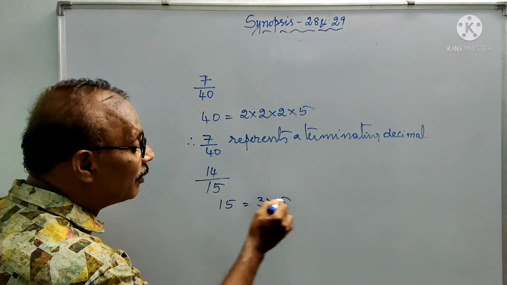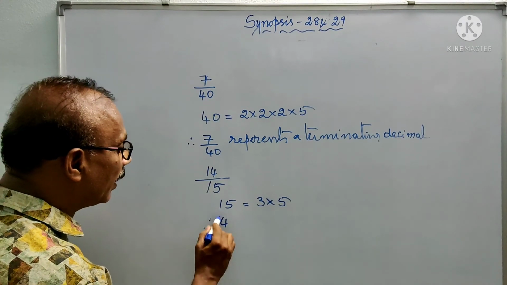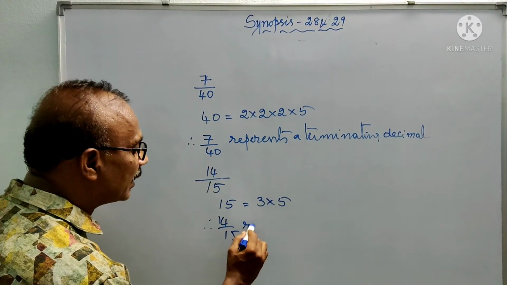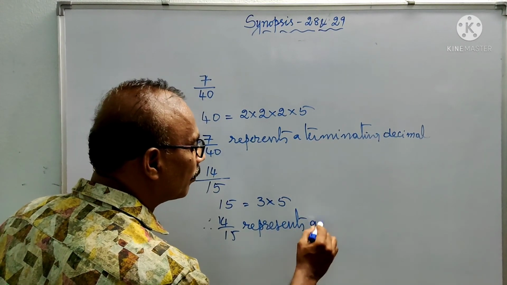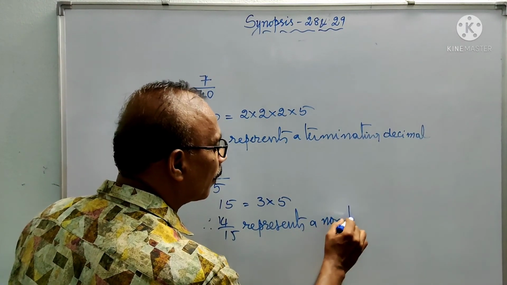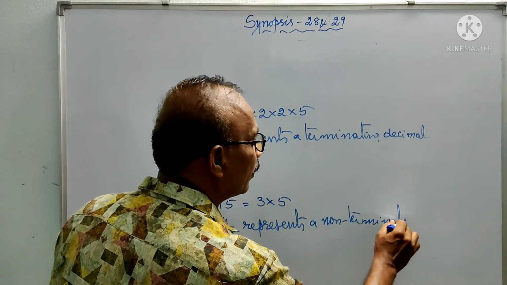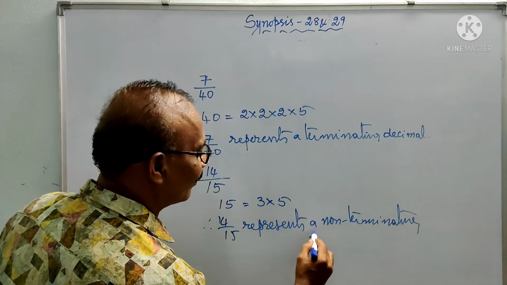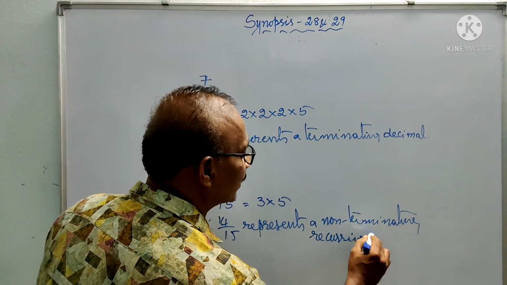So other than 5, you find one factor 3. Therefore, 14 by 15 represents a non-terminating recurring decimal.